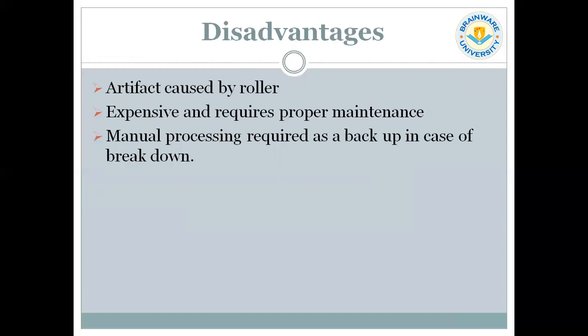Number two, this system is expensive and requires proper maintenance, which is again complicated work. Number three, manual film processing is required as a backup in case of breakdown. That means this automatic film processor can break down at any time. So for backup, a manual film processing system is required.